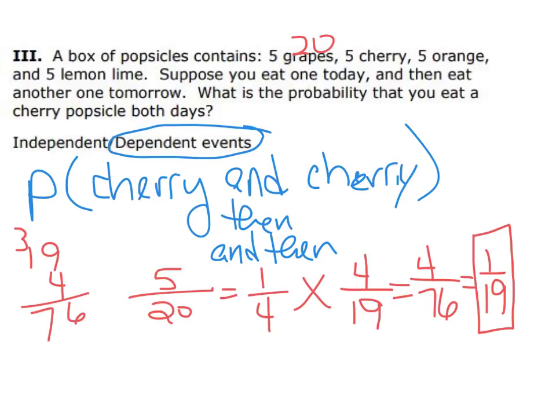You don't always have to just simplify numerator and denominator when it's on the same one. You could also simplify it diagonally. So I could simplify this to 1, this to 1, and then if you actually multiply it, that's 1 times 1 is 1, 1 times 19 is 19. So you could have done that too. Simplify it before, or you could just always simplify it after.